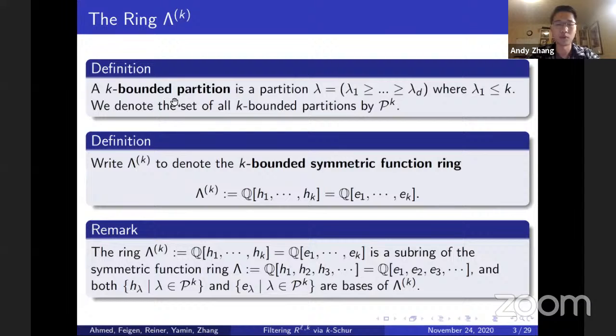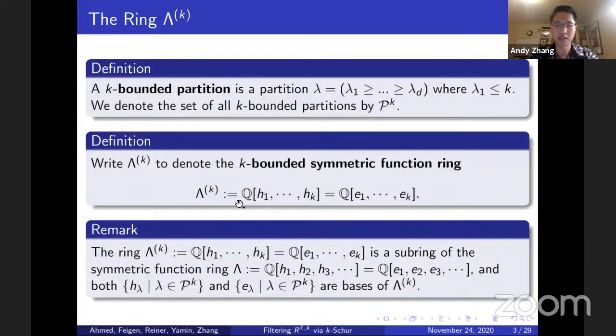We call a partition k-bounded if its first part, lambda1, is at most k. And we denote the set of all k-bounded partitions by P_k. In this talk, I'll refer a lot to this ring Lambda_k, the k-bounded symmetric function ring.